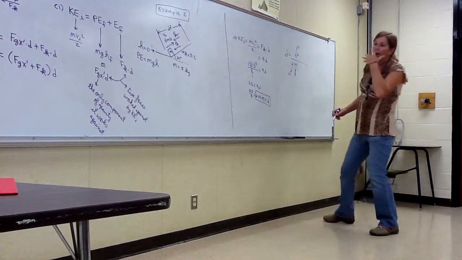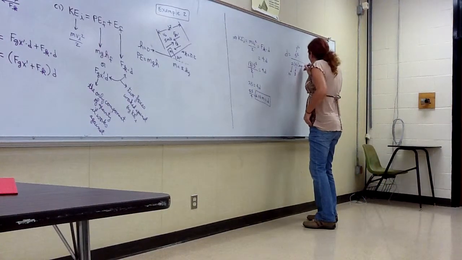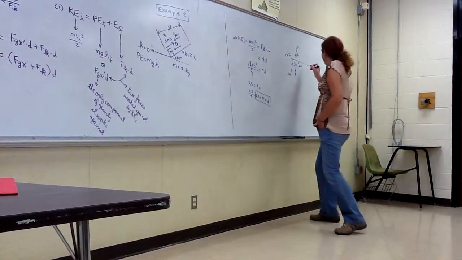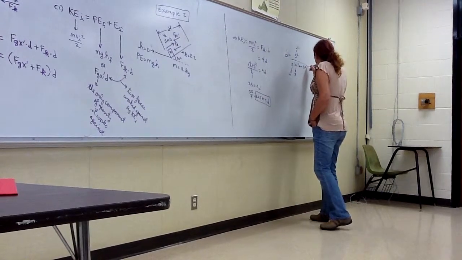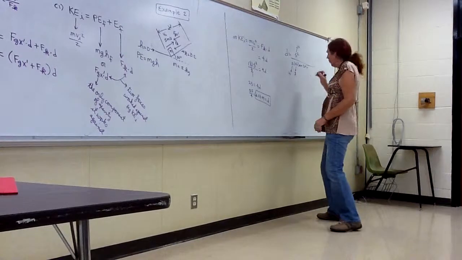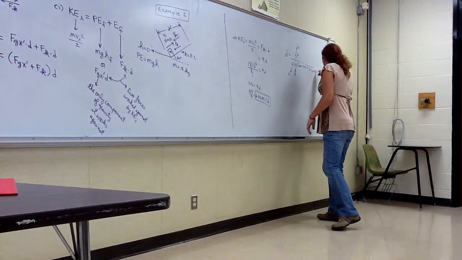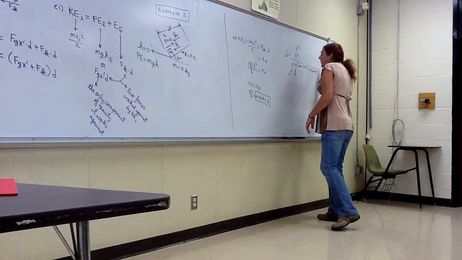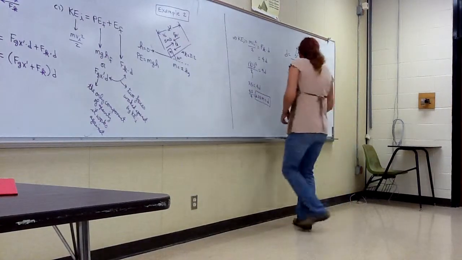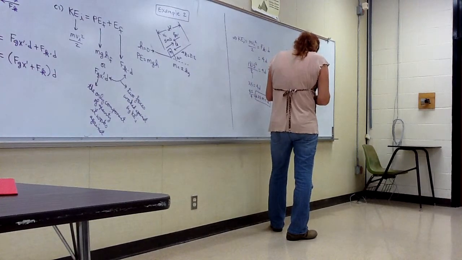Okay, so sine of the angle. So we have sine, and we're given an angle of 30 degrees, plus mu sub k, which is still 0.2, times the cosine of 30 degrees. And that's going to give us a distance, and whether it comes out ahead or behind, I really don't know at this point.